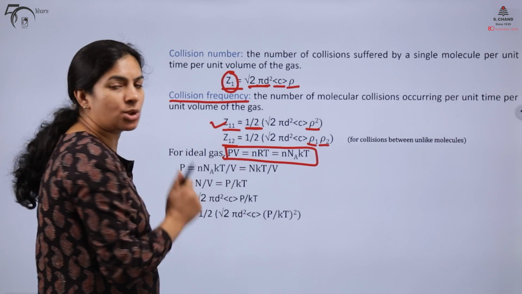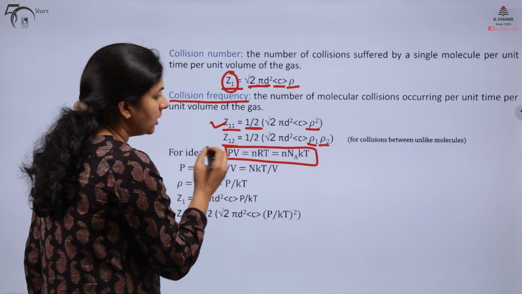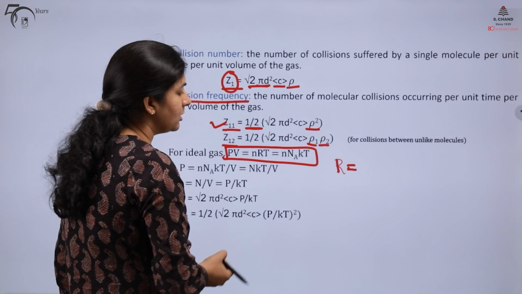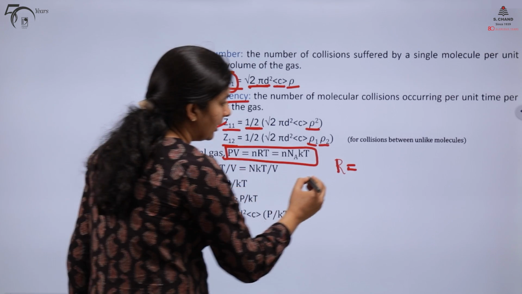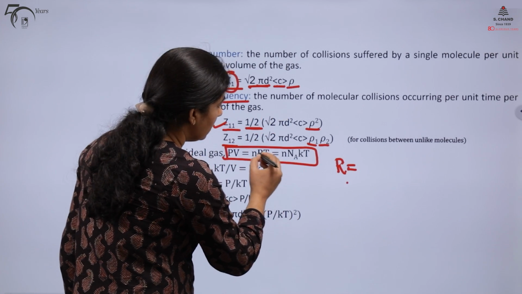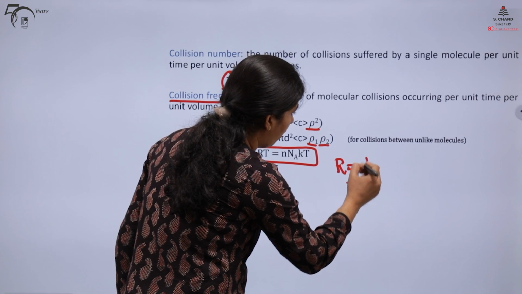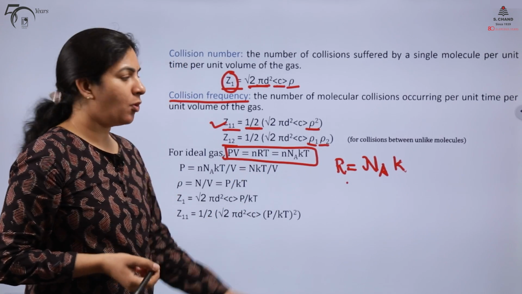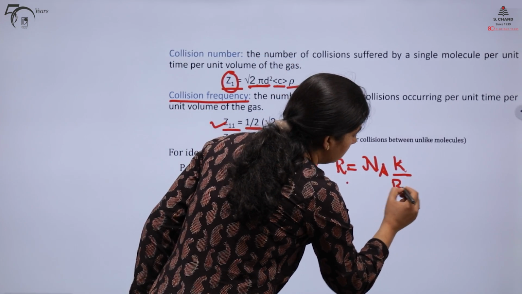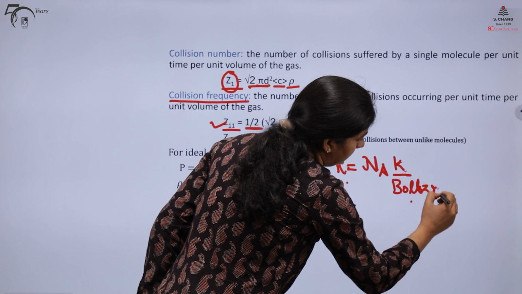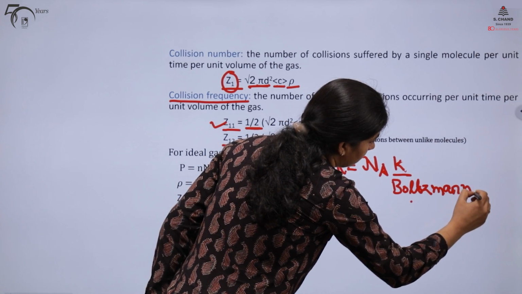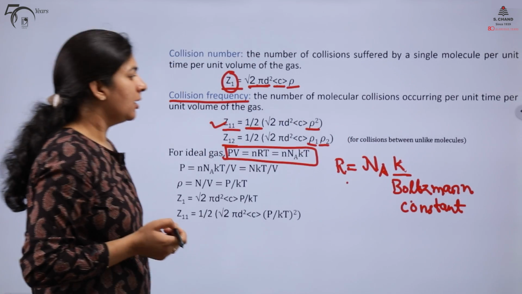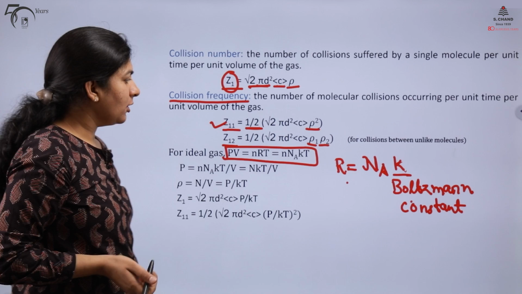Now, further using the relationship between R and the Boltzmann constant, R is written as the product of Avogadro number and the Boltzmann constant, where the small k here is the Boltzmann constant.